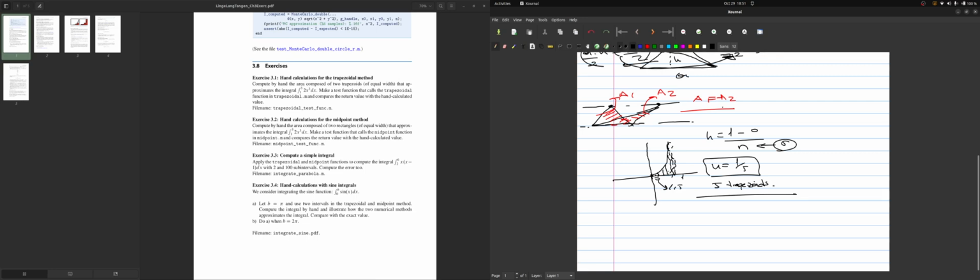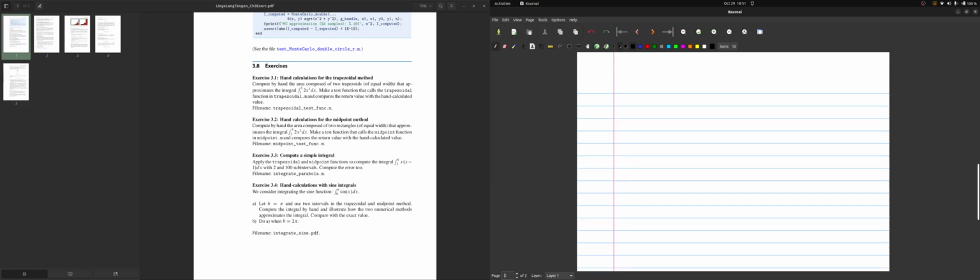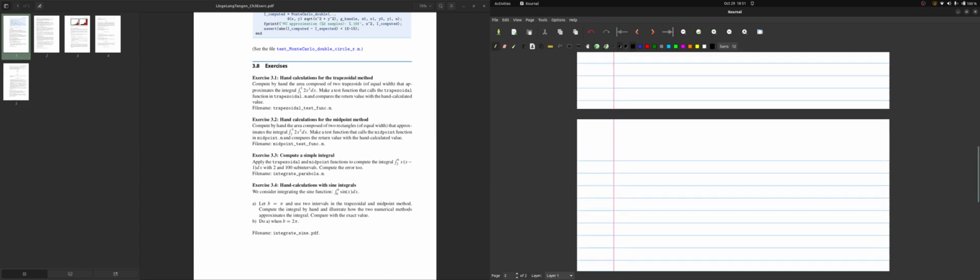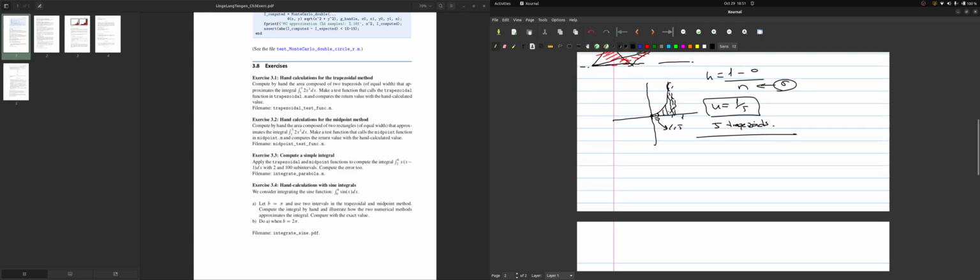Before coming to how the algorithm is written, we need to check what the interval is. The general definition of an interval is that between a and b, for example, we have a function f(x) dx. The trapezoid method tells us that this integral can be calculated between a and b with 5 trapezoids, each of width h.